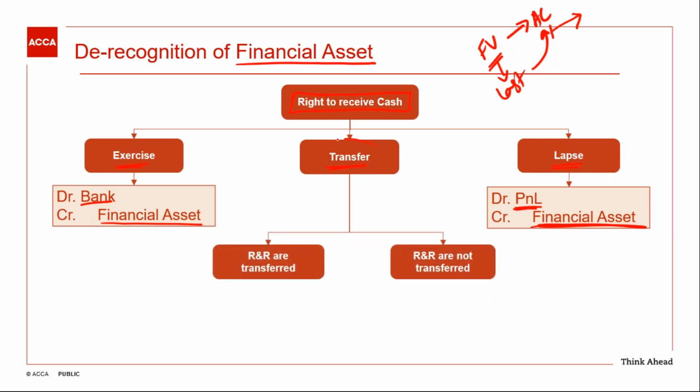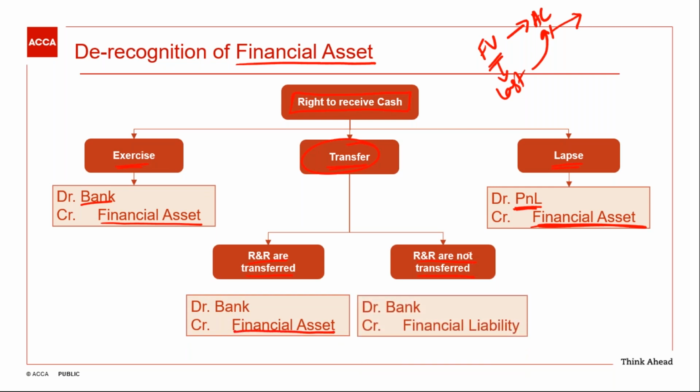And if we transfer our right to receive cash, there are two possibilities, that either the risk and rewards will be transferred or the risk and rewards will not be transferred. So if the risk and rewards have been transferred, we will actually de-recognize the financial asset. And if the risk and rewards are not transferred, we will not de-recognize the asset.